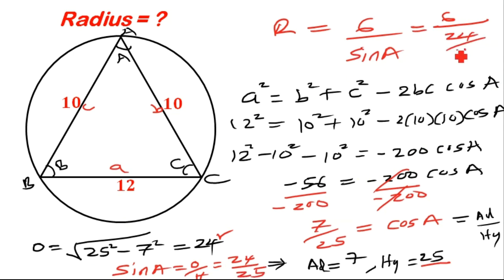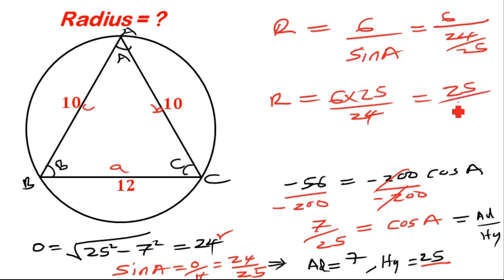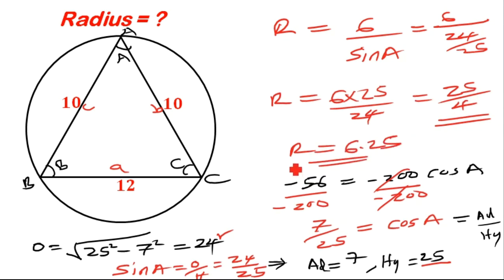So it is 6 over 24 over 25. So r is 6 times 25 over 24, which gives 25 over 4. So the radius r is 25 over 4, which is the same as 6.25.